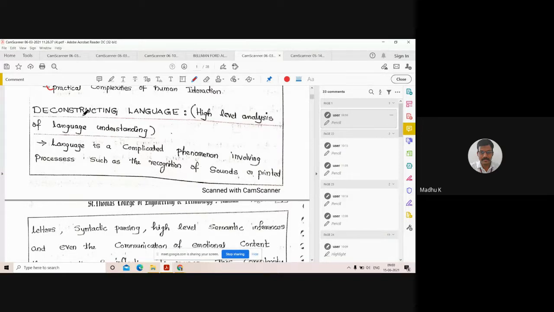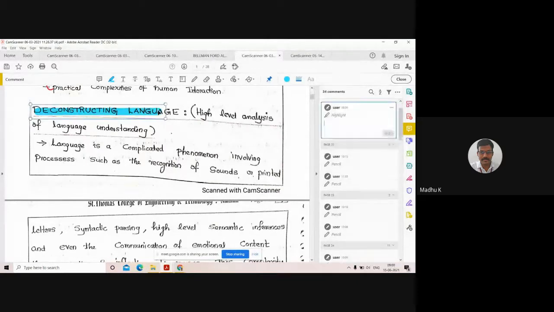Deconstructing language. Okay. So different high-level analysis of natural language understanding is deconstructing language. So it's an important topic.